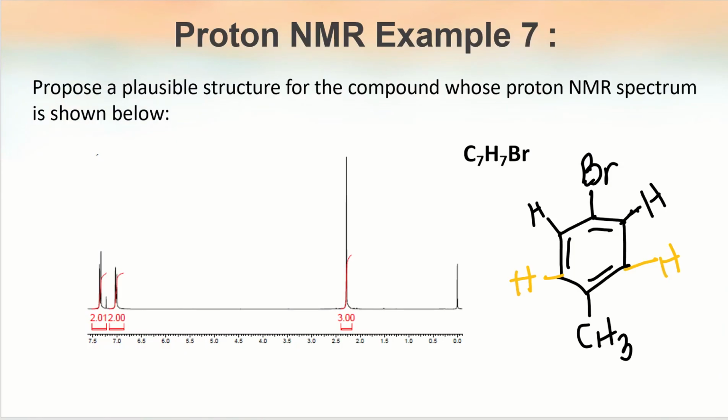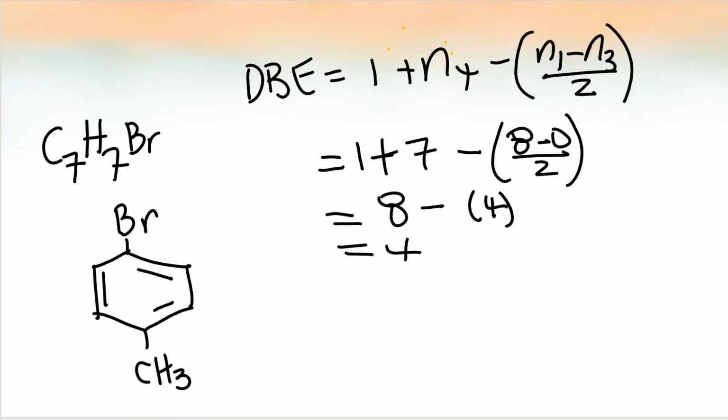All right, so that is the compound that we posited, and this is the molecular formula. All right, so here I have an example of us working out the DBE for the previous compound with the molecular formula seen here.